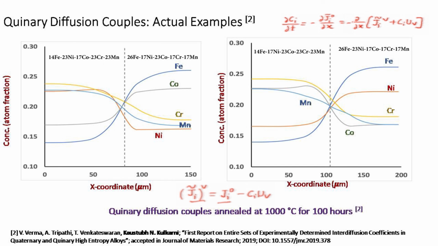But if u v is not 0, which is the case when molar volumes vary with composition, more specifically when partial molar volumes vary with composition, then we have to account for this term u v, and again u v is also a function of x, and so this becomes a complicated equation to solve, and that is why we assumed the molar volume was constant, so that we can simplistically show some features of the concentration profiles using the analytical expressions.